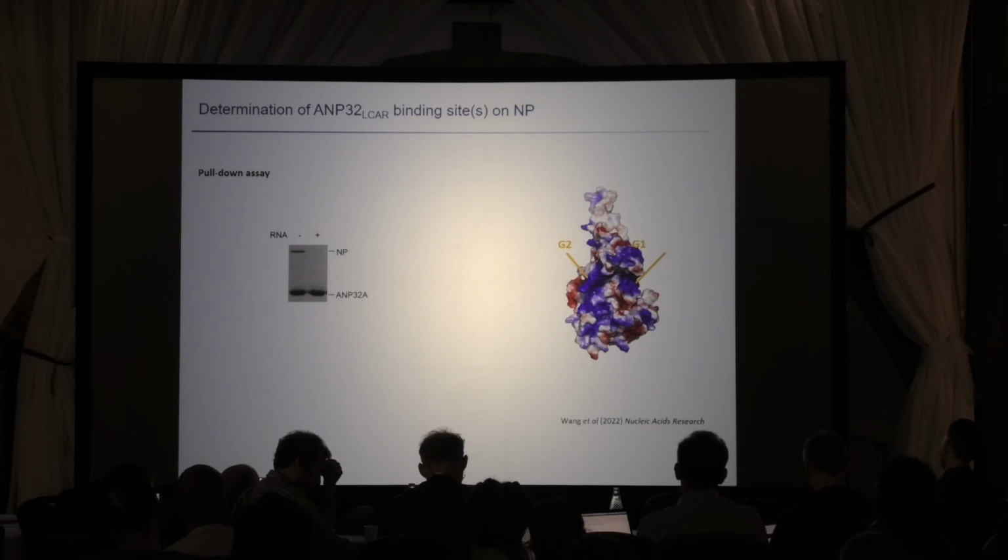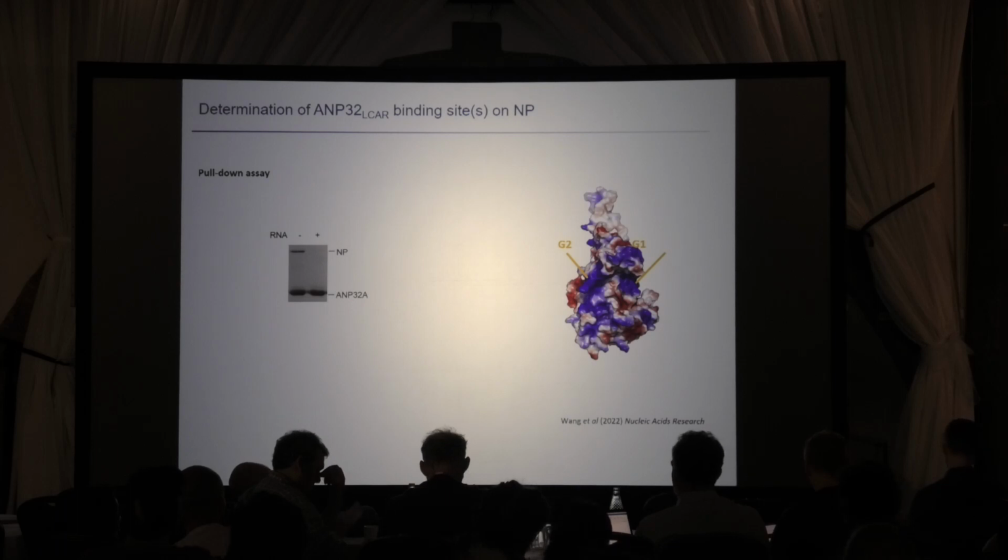So there's a positive groove on the nuclear protein of flu, called the G1 and the G2 groove. What we're able to show is that in the absence of RNA, we're able to pull down nuclear protein via AMP32.